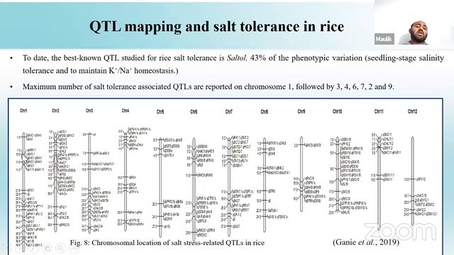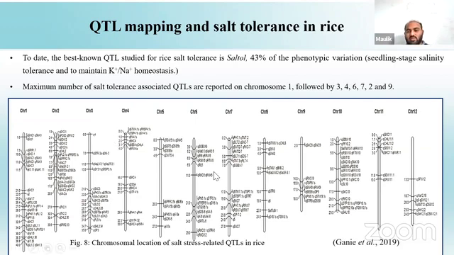This is also called Saltol, and Saltol is present in Pokkali. You all know Pokkali is a salt tolerant landrace. In Saltol, SKC1 is a gene responsible for sodium potassium homeostasis in shoot, and it is also found in Nona Bokra. Nona Bokra is a West Bengal landrace which is responsible for salinity tolerance.